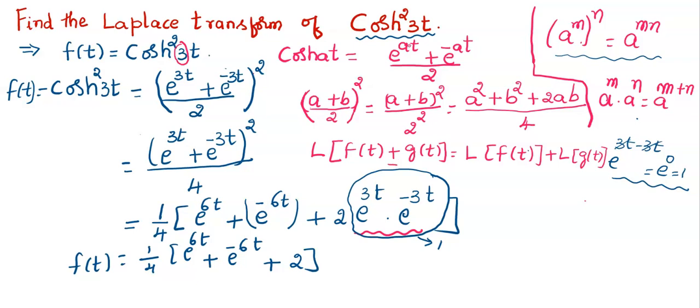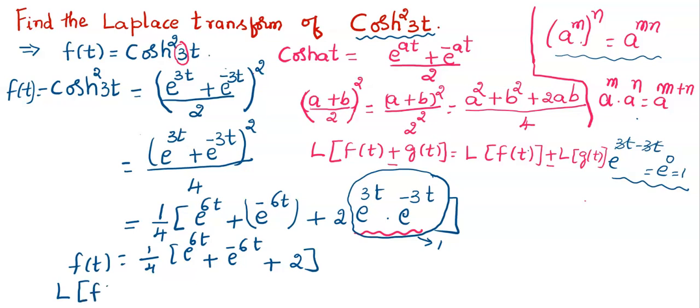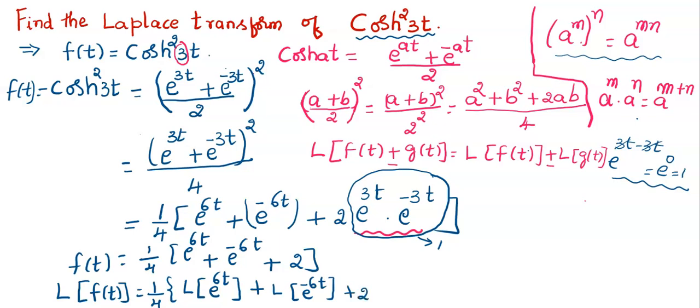If it is a minus, we will get minus in this sign. Let us adopt the same rule for this function. So Laplace transform of f of t is equal to 1 by 4 into Laplace transform of e to the power of 6t plus Laplace transform of e to the power of minus 6t plus 2, which is a constant. So let me take it outside the operator. Laplace transform of 1.